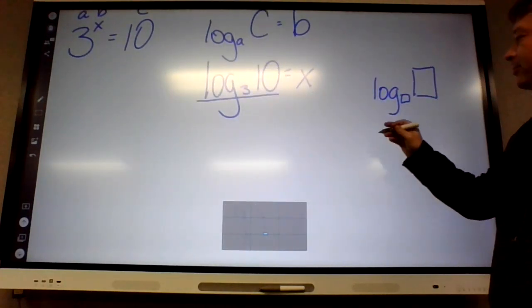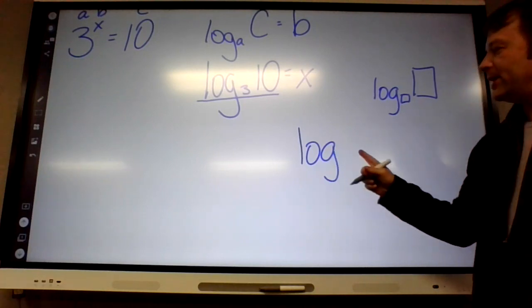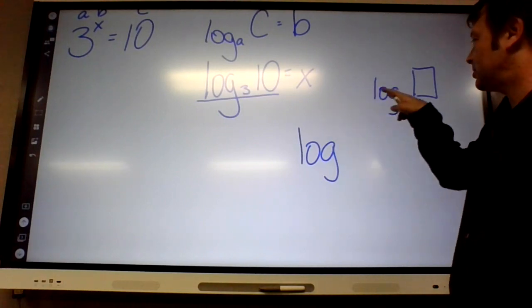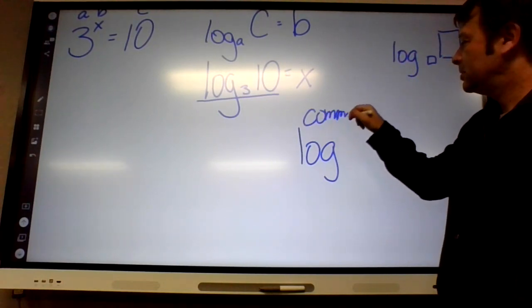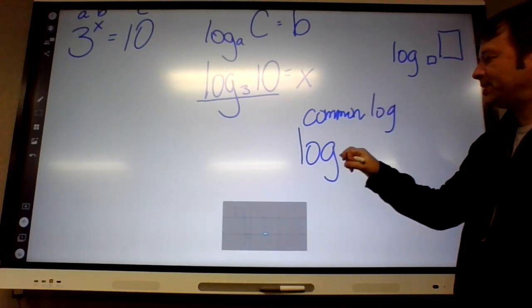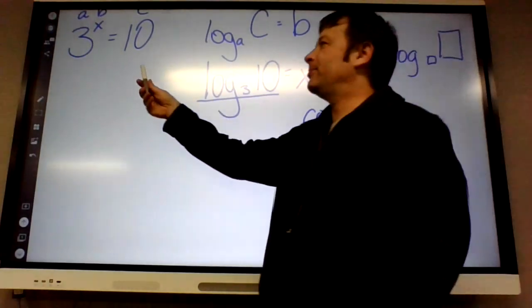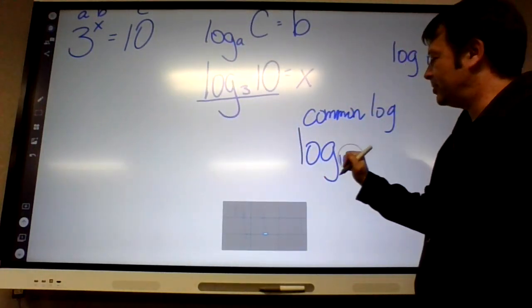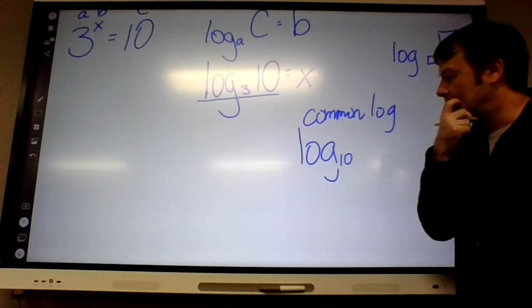Why do they have just this log button on your calculator? When they have just the log button, that is called a common logarithm, common log. And it's got an invisible base of 10 right there. So on our last problem we had a base of 3. That's what we put right there. If they don't write a number in there for the log, that means the base is a 10.